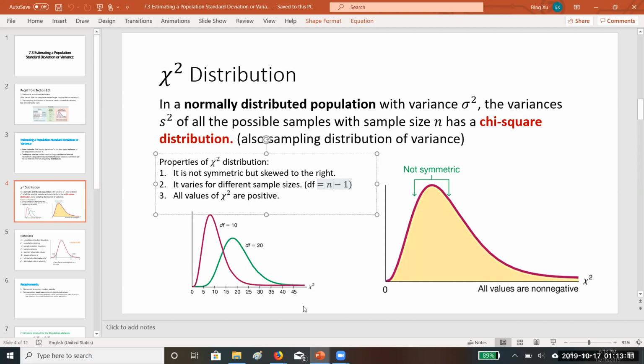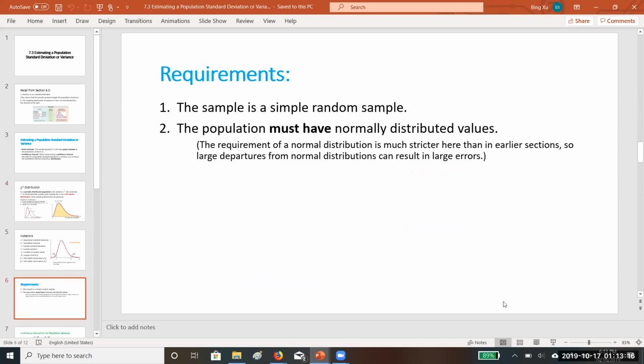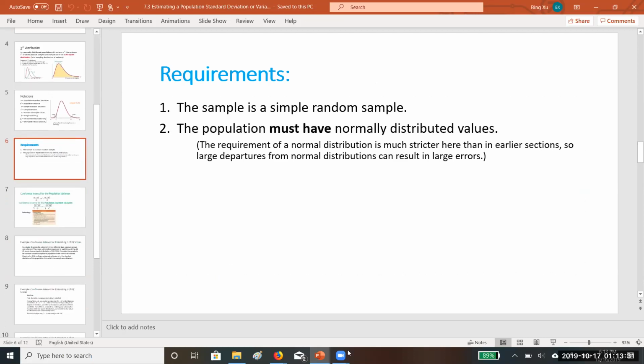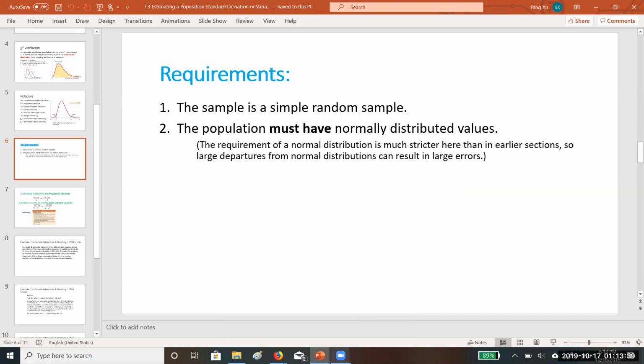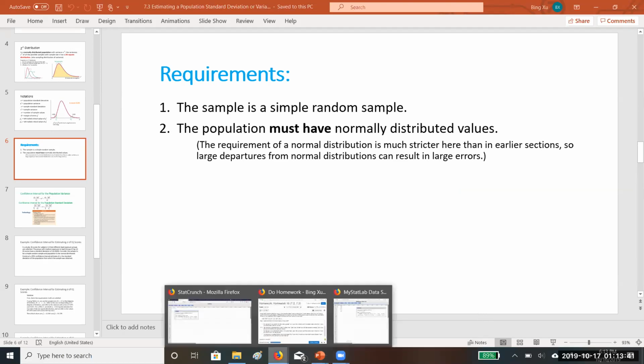Some requirements: the sample needs to be a simple random sample, and the population must be normally distributed. So this is kind of a strict requirement. That's pretty much everything we need to know about estimating a population variance or standard deviation.